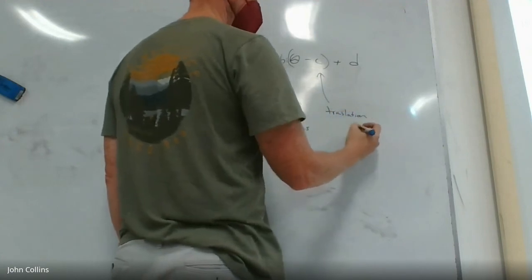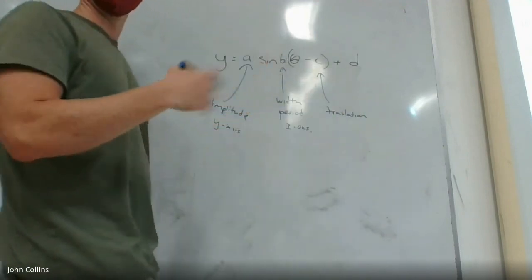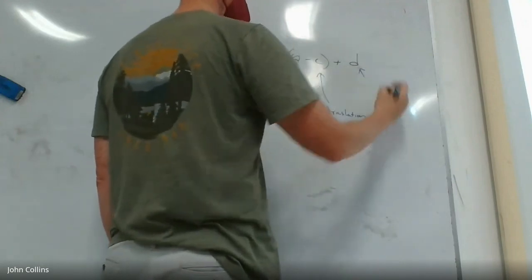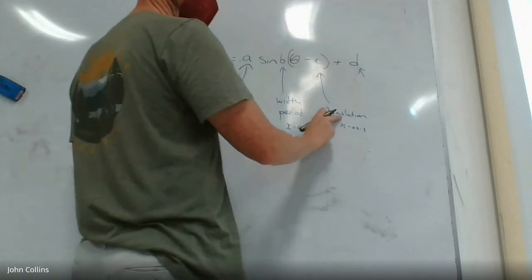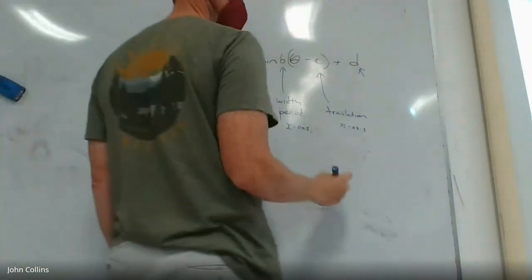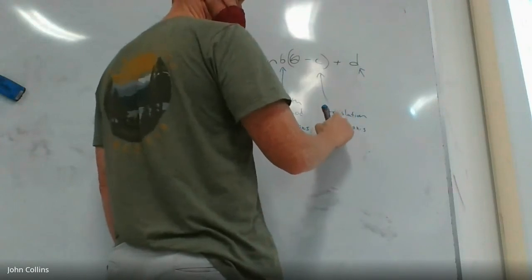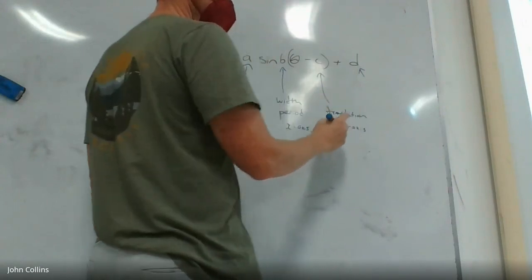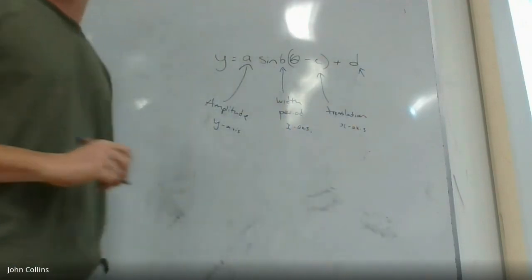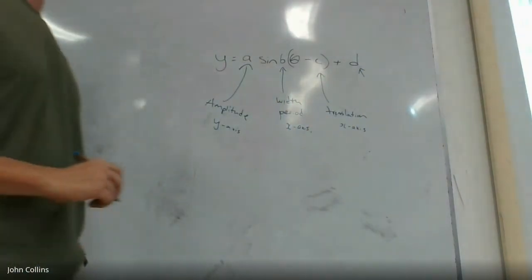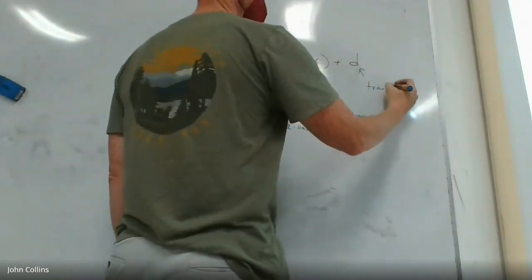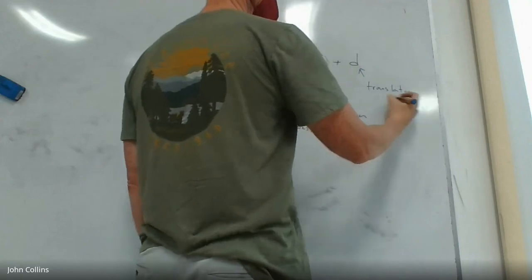Translation on the x-axis. I write it so fast, I even do it when I'm trying to slow down. Translation. And D is translation on the y-axis.